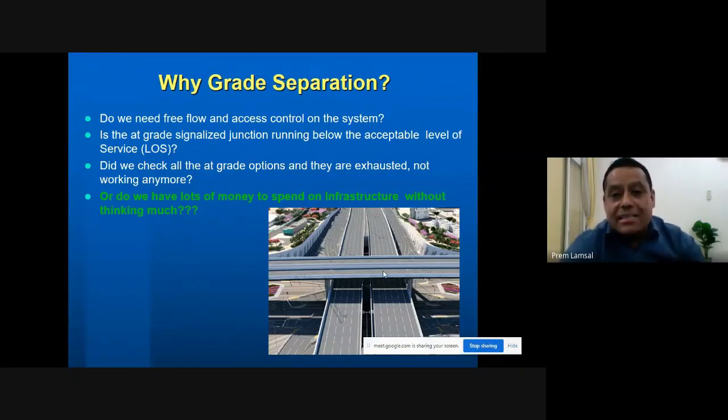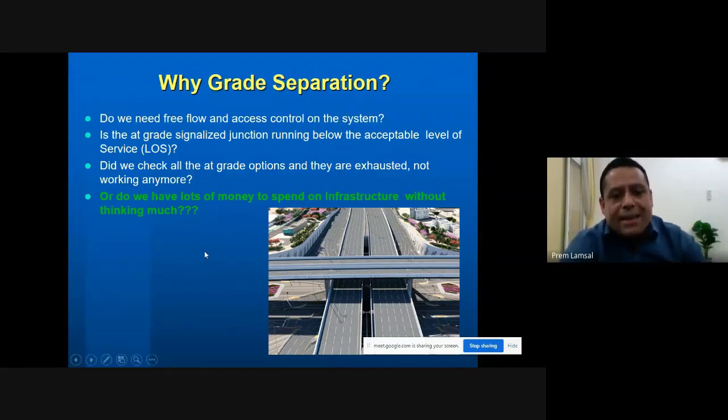So we need to ask the control question: do we need free flow or access control on the system? Secondly, is the at-grade signalized junction running below the acceptable level of service? Then only can you think about grade separation.